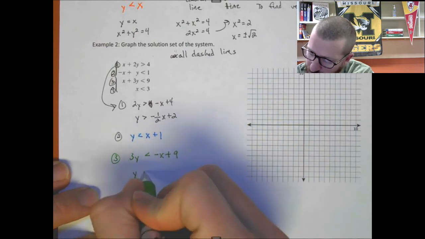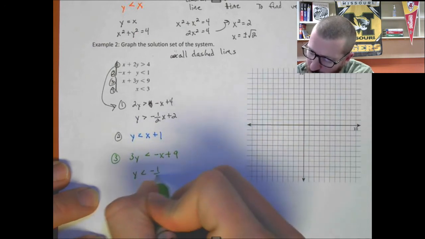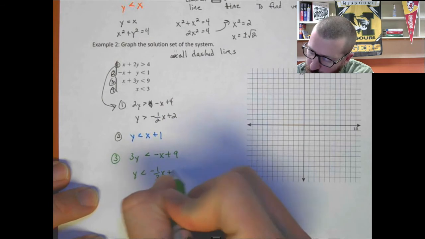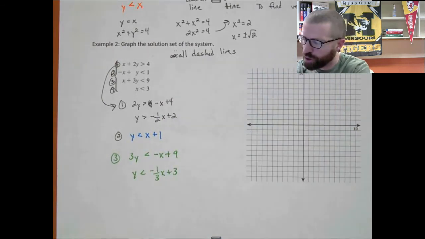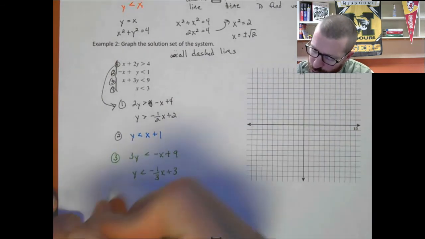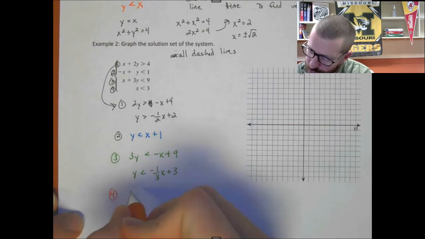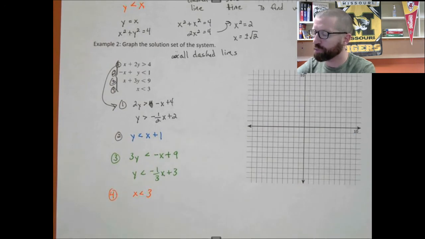And so y is less than negative 1/3 x plus 3. And then number 4, we'll just keep as x is less than 3.